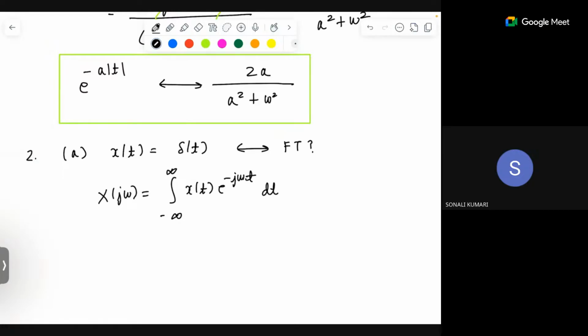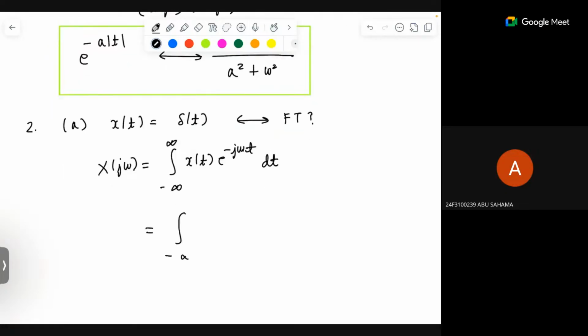So take 2 minutes and tell me what this will be equal to. You have to substitute this over here and then use the property of impulse function. It will become 1. Yes, actually, that's correct. It will be 1. Let us see. Integration from minus infinity to infinity, x of t is replaced by delta t, e raised to the power of minus j omega t dt.